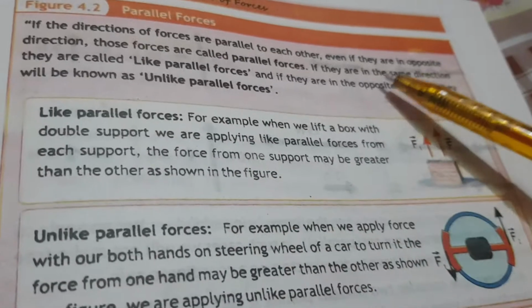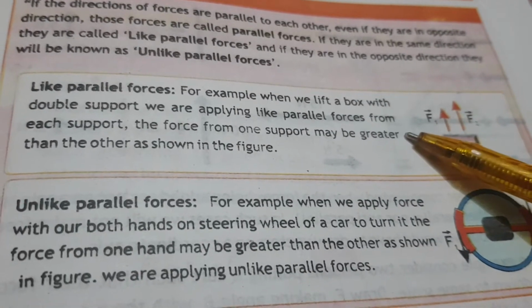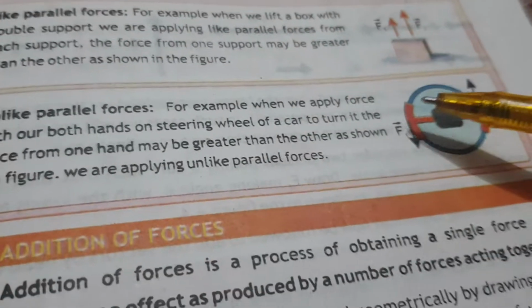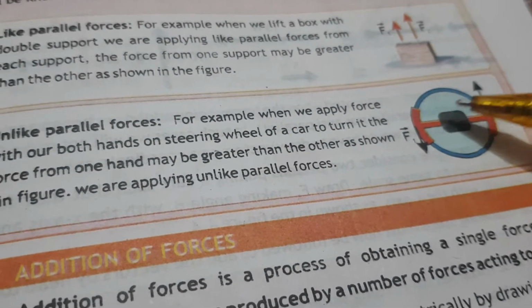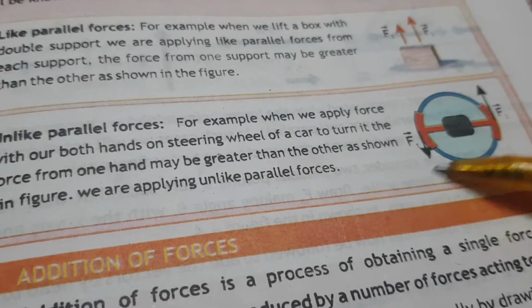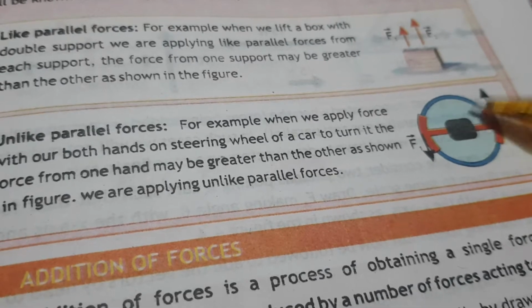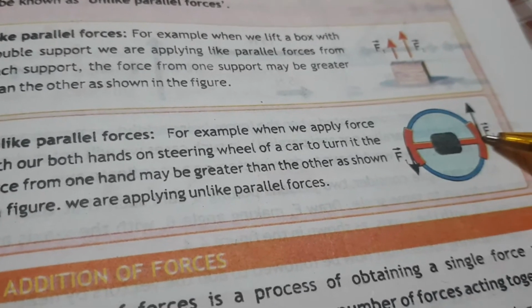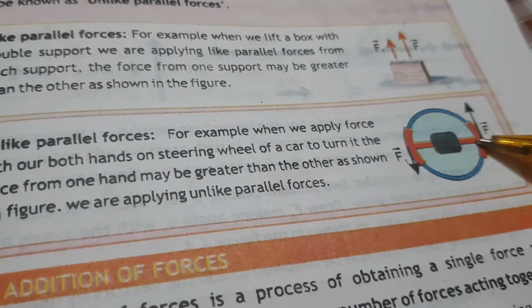For example, if these two forces F1 and F2 are acting on a block and they have the same direction, they are like parallel forces. But on the steering wheel of this car, if F1 is acting in downward direction and F2 is acting in upward direction, it means that these two forces are unlike parallel forces, because one is upward and the other one is downward. These are parallel but their direction is opposite.